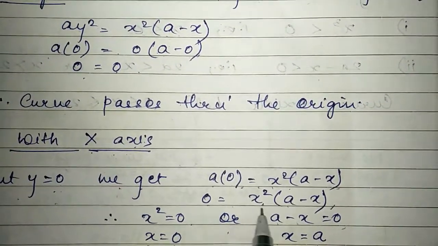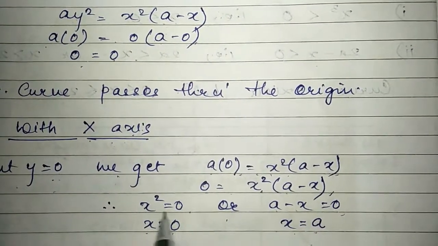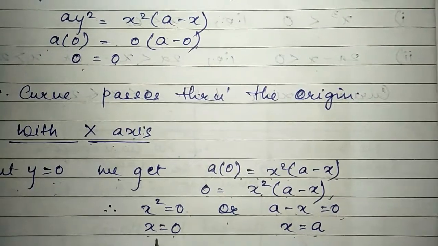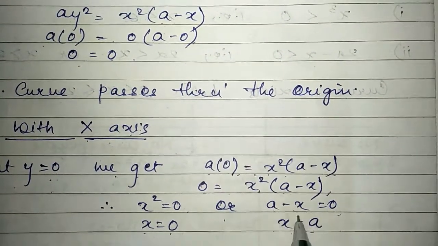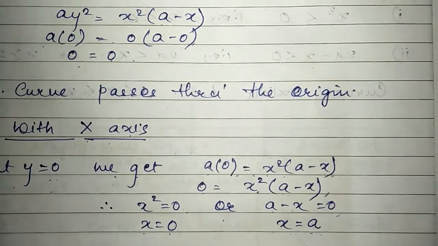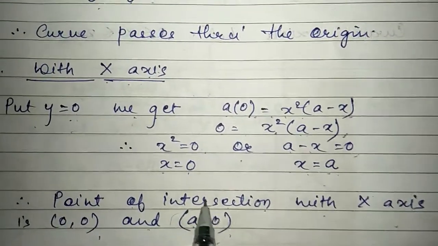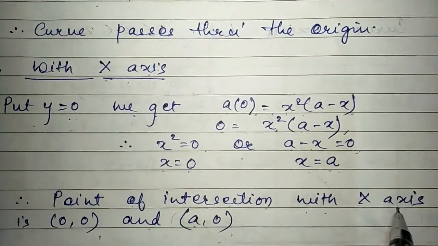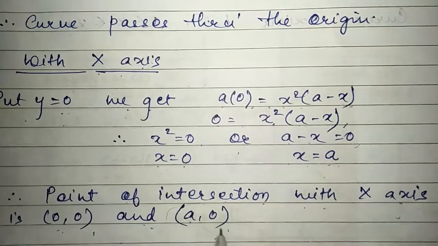That means 0 = x²(a − x), so x² = 0, that is x = 0, or a − x = 0, or x = a. Therefore, we can say that the points of intersection with the x-axis are (0, 0), that is the origin, and (a, 0).